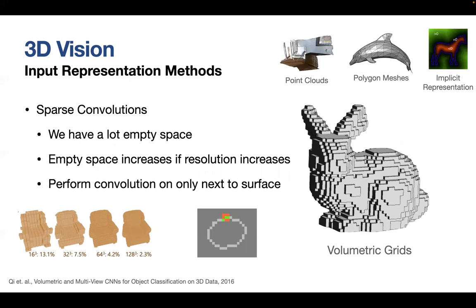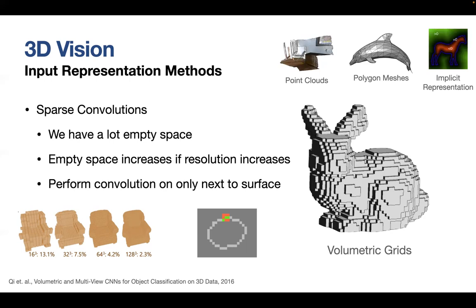We don't have information anywhere but the surface. So what about applying these convolutions only on the surface? We don't want to diffuse these features to the whole grid, but always keep around the edges, around the borders of the objects.